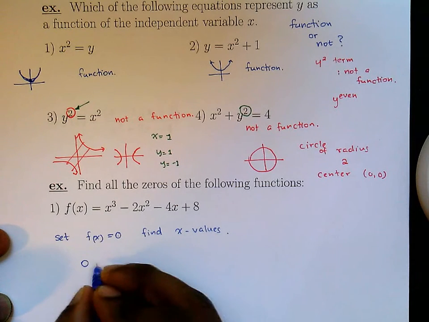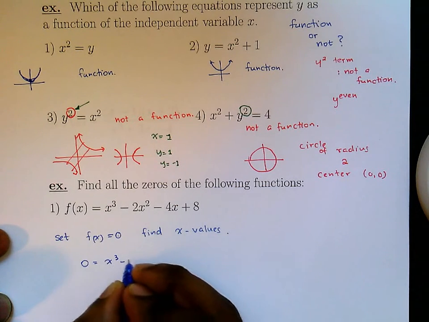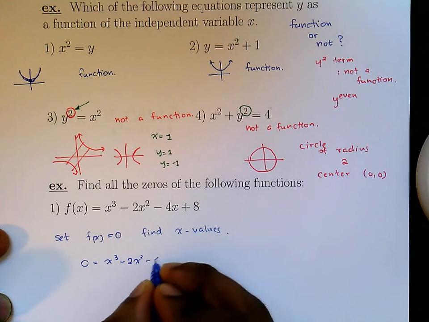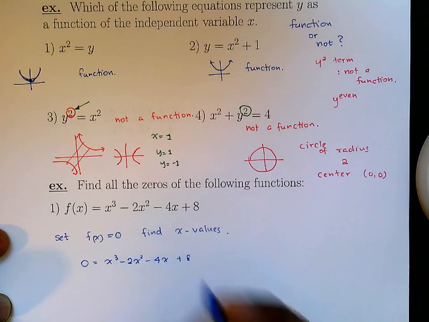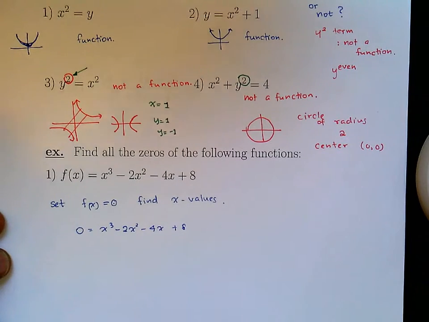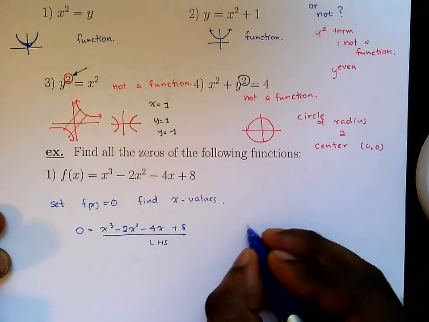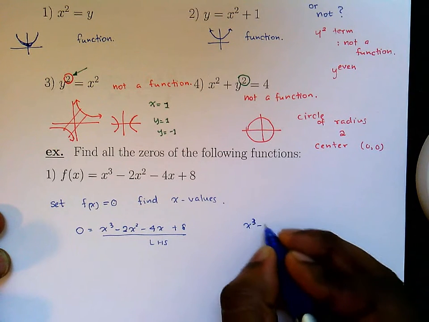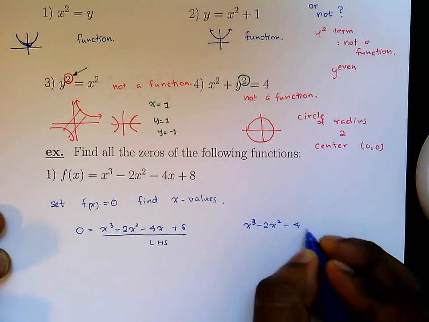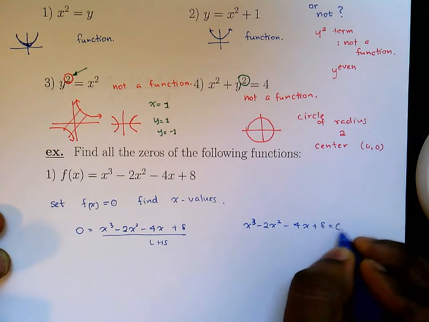So you get 0 equals x cubed minus 2x squared minus 4x plus 8. As a ritualistic thing, I would have this on the left hand side: x cubed minus 2x squared minus 4x plus 8 is equal to 0.